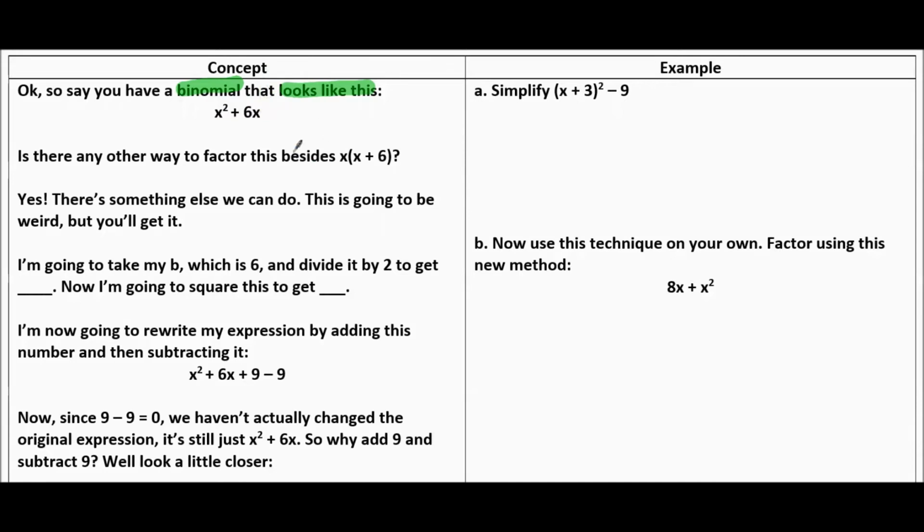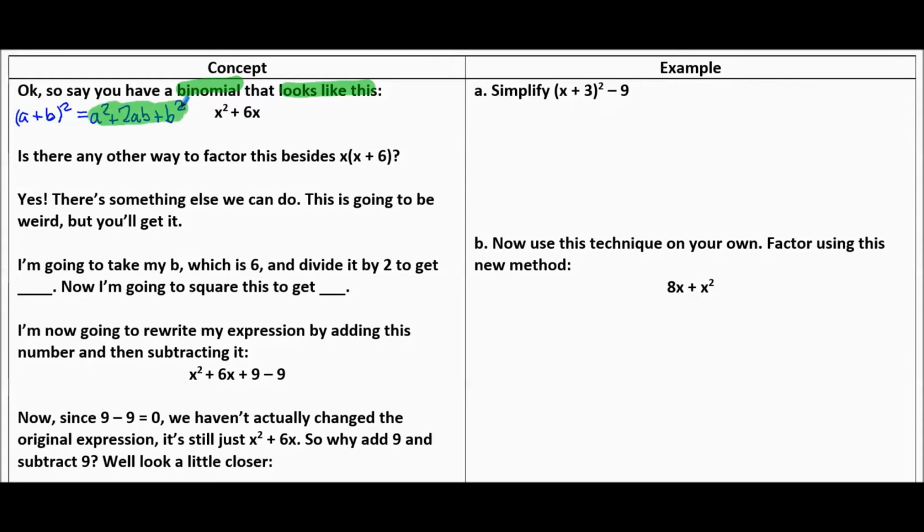Hopefully you remember this: if you have something like a plus b or a minus b, quantity squared, we're squaring this, we get a squared plus 2ab plus b squared, right? This right here is a perfect square trinomial.